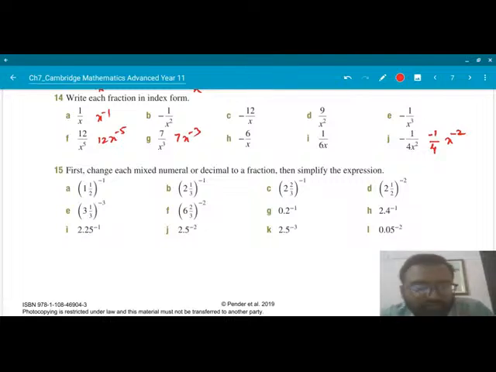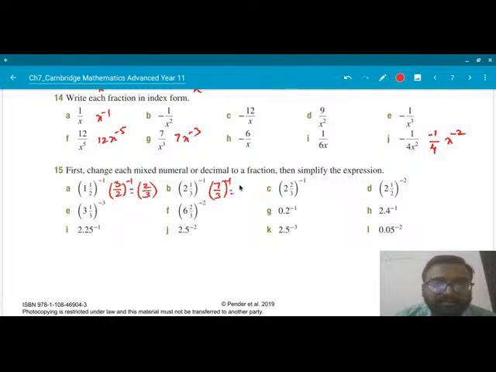Do you know how to convert a mixed fraction into an improper fraction? 2 into 1 plus 1, it's 3 by 2 power minus 1, which could be converted into 2 by 3. Then 7 by 3 power minus 1 will be 3 by 7.